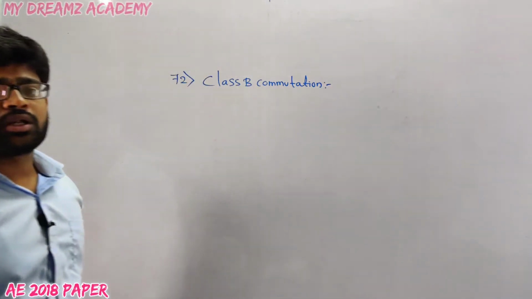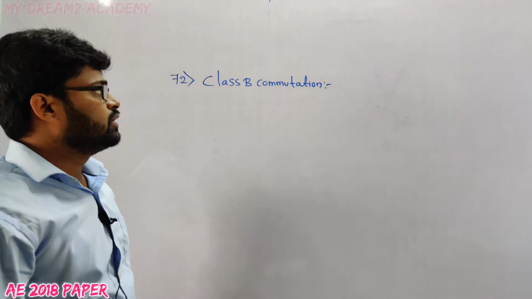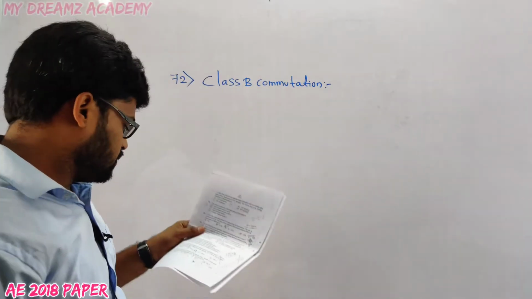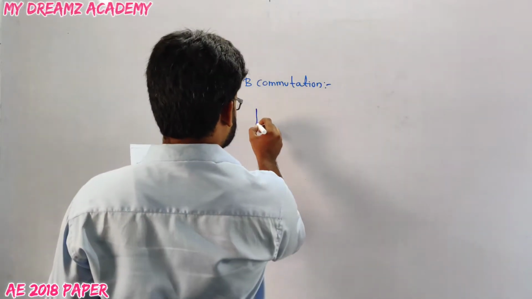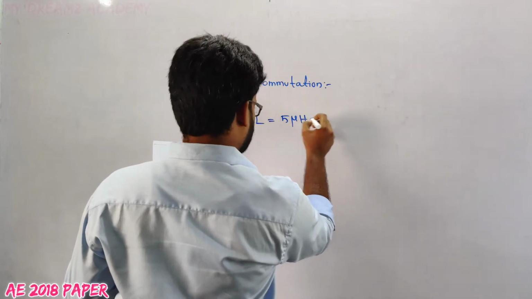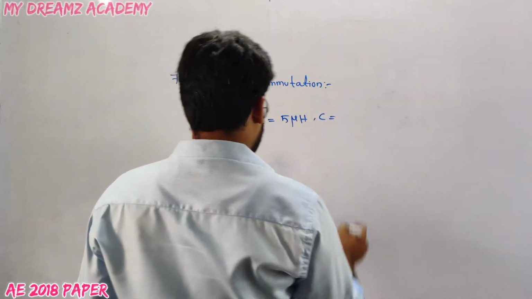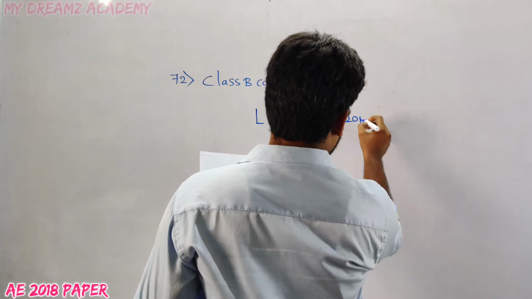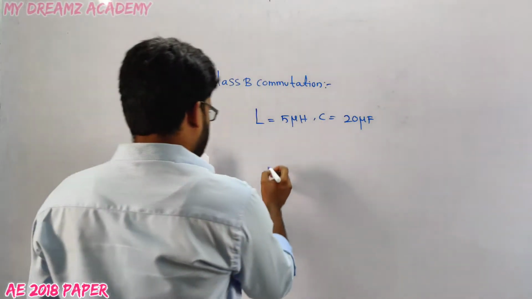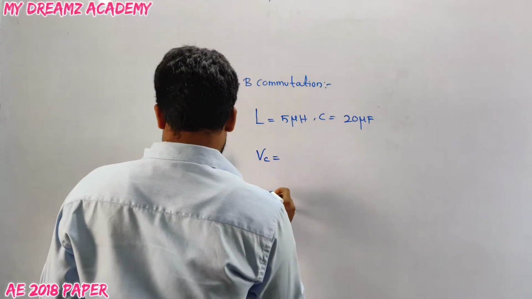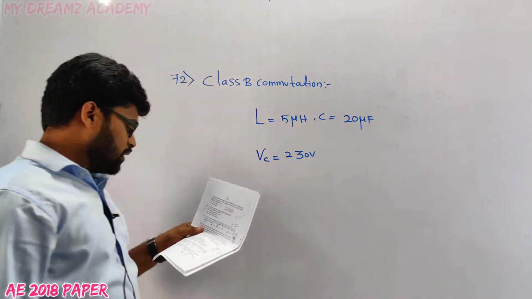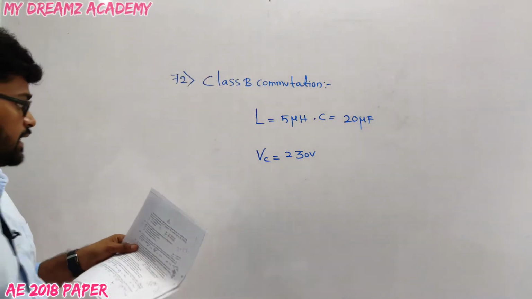In order to turn off the SCR, we will use a commutation circuit. In this class B commutation, it is given that the inductor value is 5 microhenry and the capacitor is 20 microfarads, and the initial voltage across the capacitor is 230 volts. Find the peak value of resonant current.